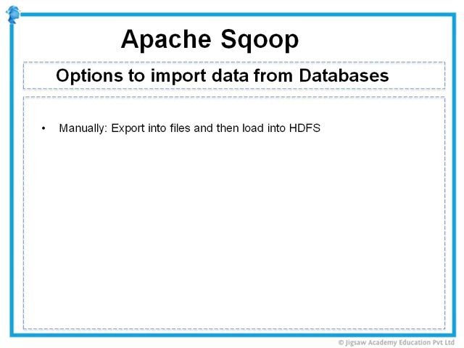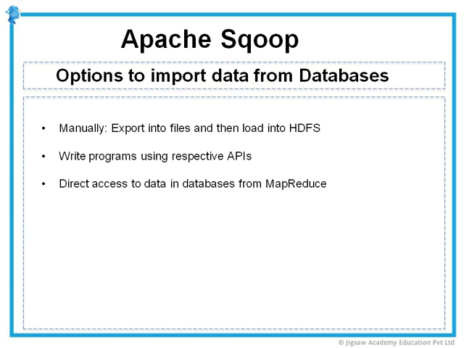You can do it manually by transporting the data into a CSV file and then loading it into HDFS. However, this method is crude and cannot be automated. We can write programs using APIs to transfer data. This method is also very inefficient and time consuming. And lastly, you can read data residing on external systems directly from within MapReduce applications.